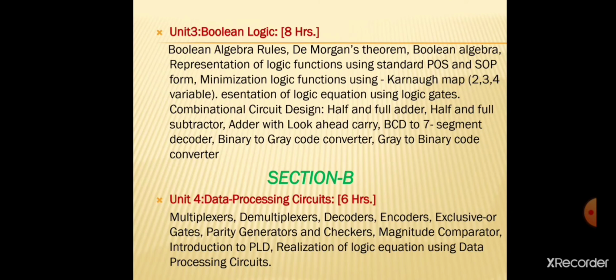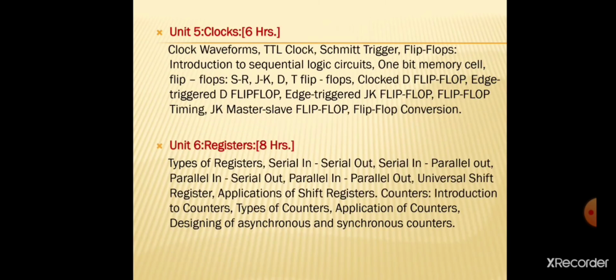All these data processing circuits we are going to see, meaning how to design these circuits, and how using multiplexers we can design an advanced circuit. All this we are going to see in the 4th chapter.